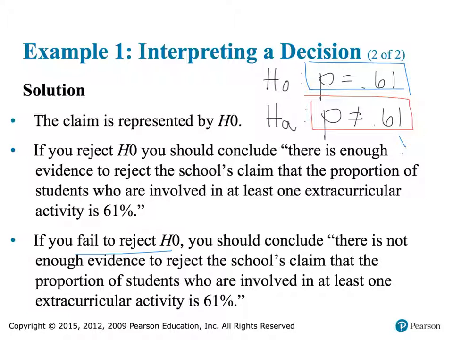So if we fail to reject the Ho, that means we believe that that claim is true, that the proportion of students who are involved in at least one extracurricular activity is 61%. We believe that to be true.